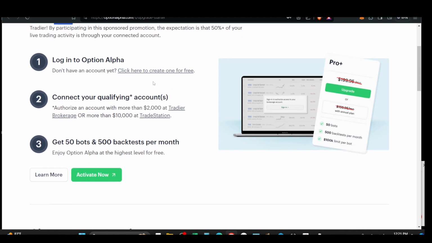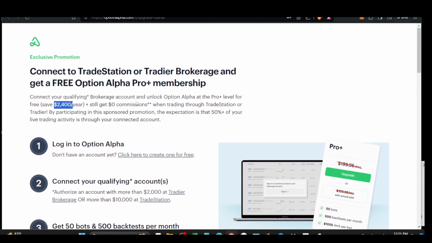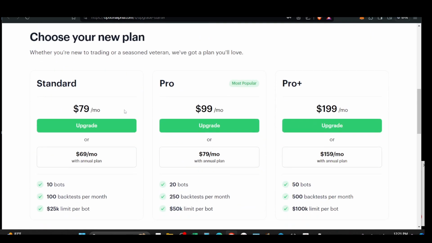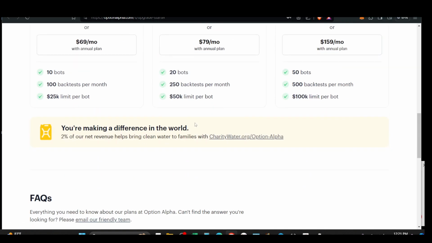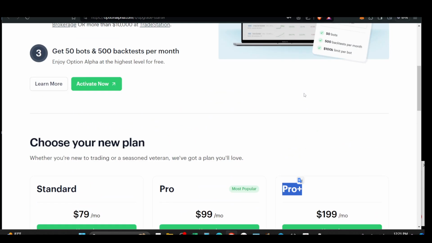So to have this option, you don't have to pay like 69 or 79 or 150. You're actually getting this plan where you can test 50 bots and 500 backtests and a 100K limit per bot.